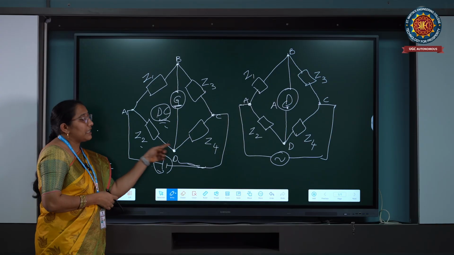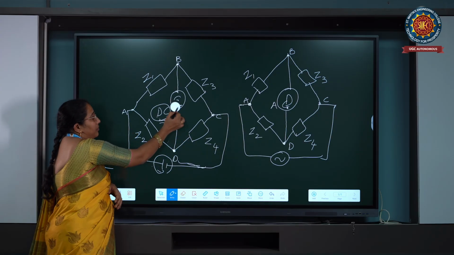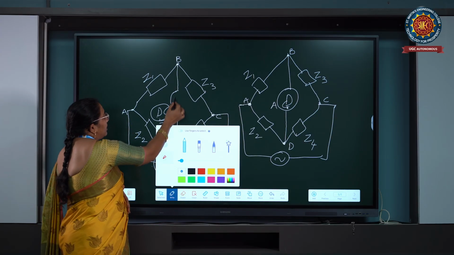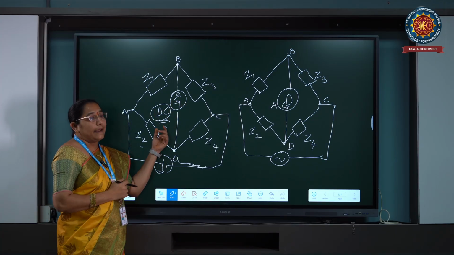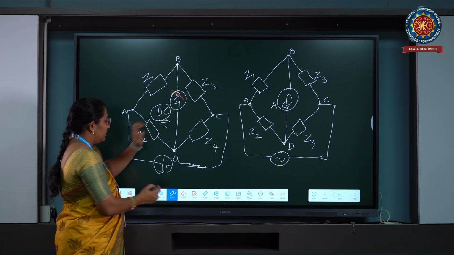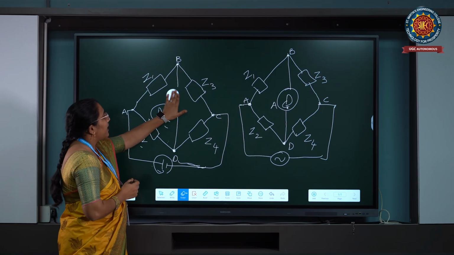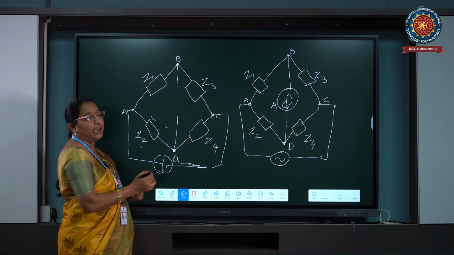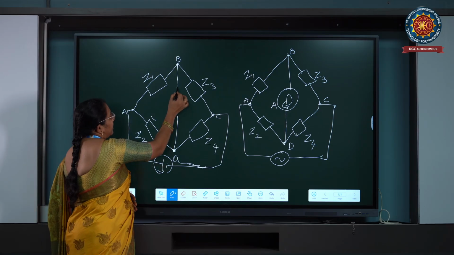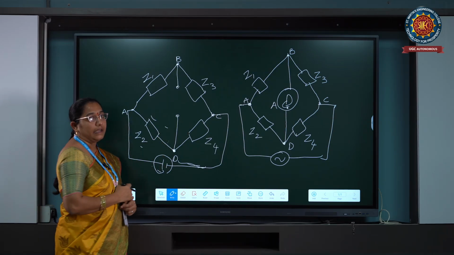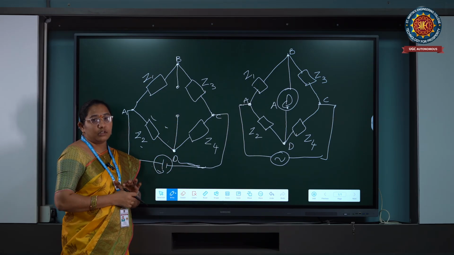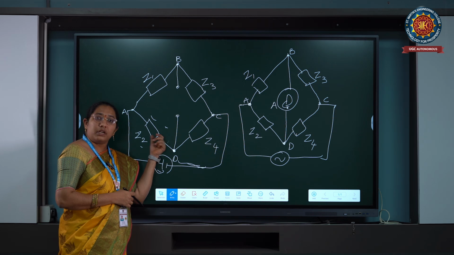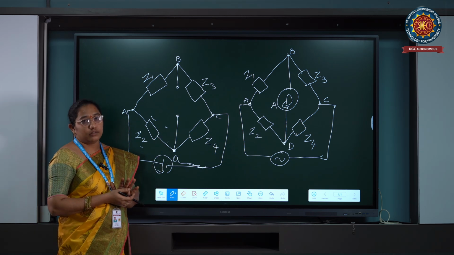When this bridge gets balanced, this galvanometer shows the zero value and it is open circuited, meaning there is no current flow in this galvanometer. By this working principle only these bridges work.